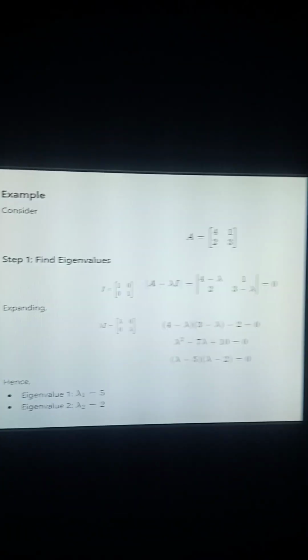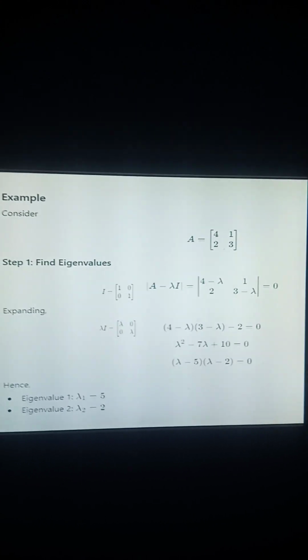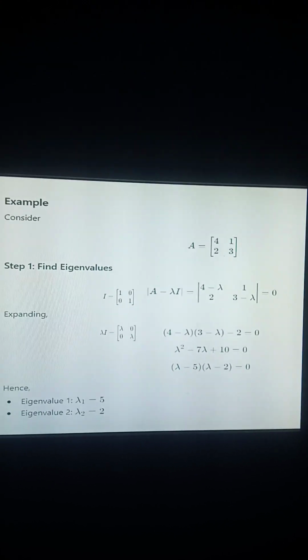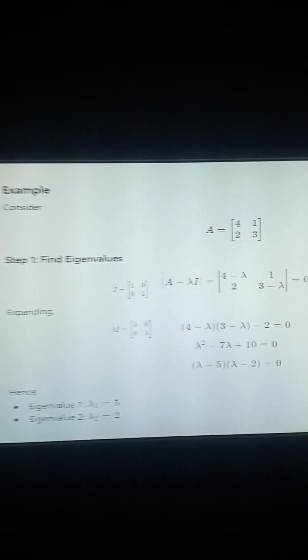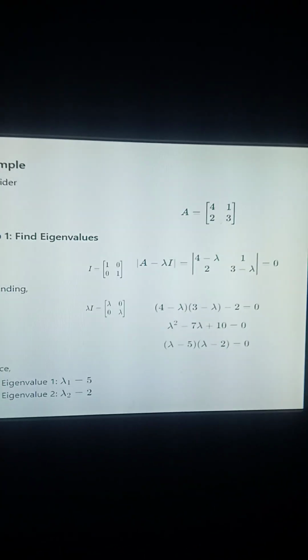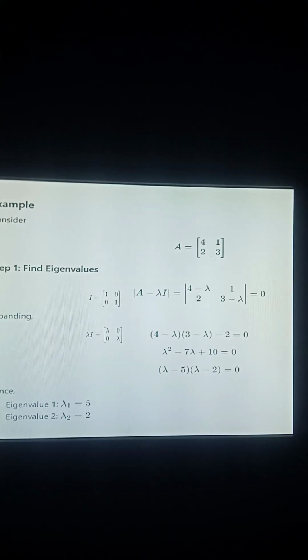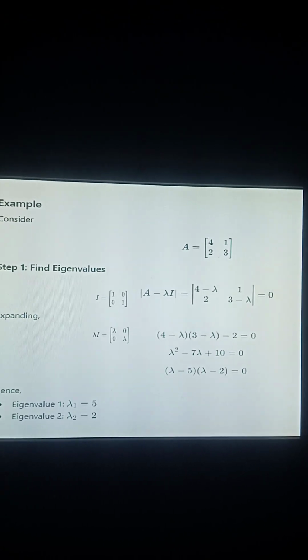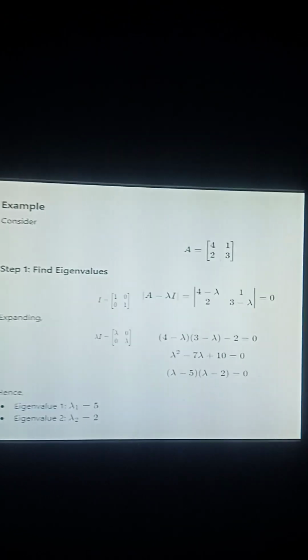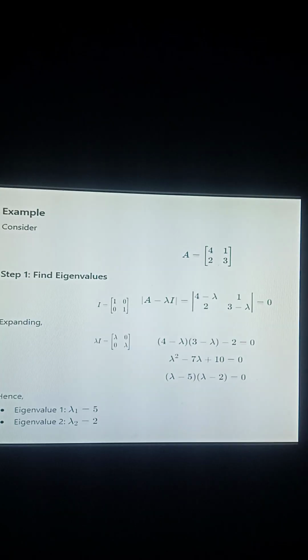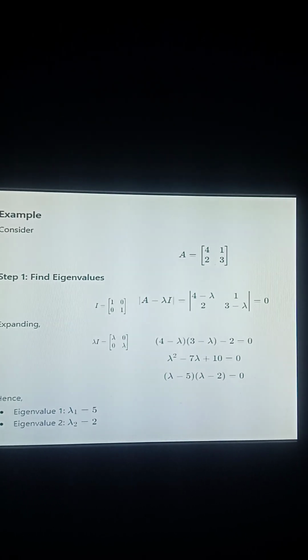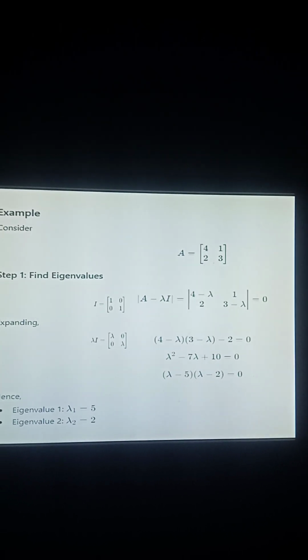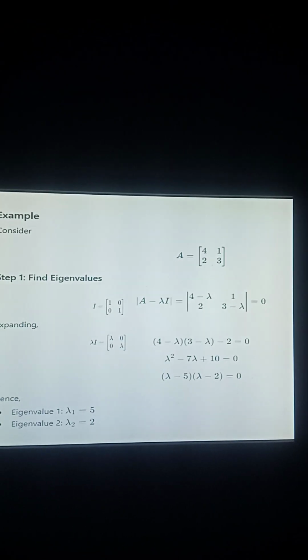For example, A is equal to 4 1 2 3. In the first step, what do we have to use? A minus lambda I. Lambda I is nothing but lambda 0 0 lambda. So A minus lambda I will give 4 minus lambda, 1 as it is, 2 as it is, and 3 minus lambda.